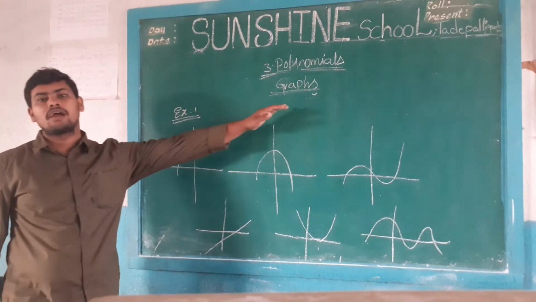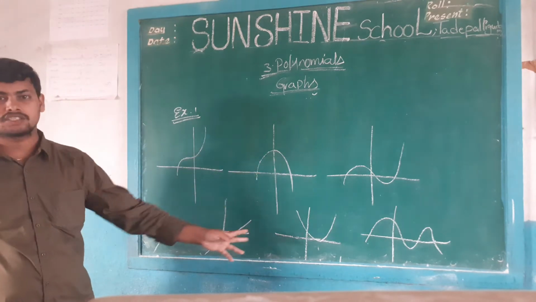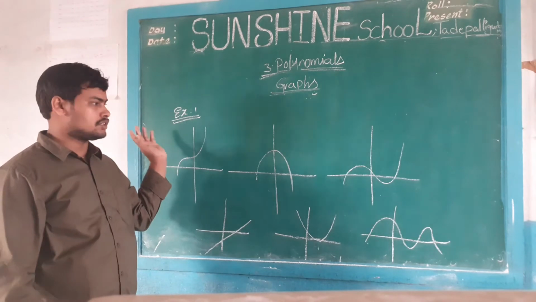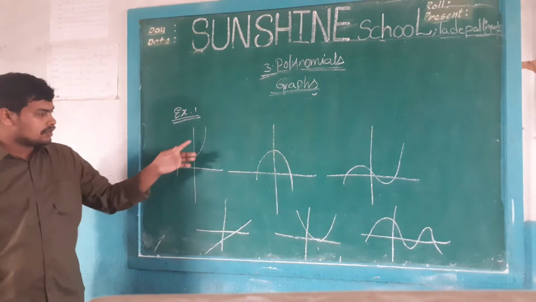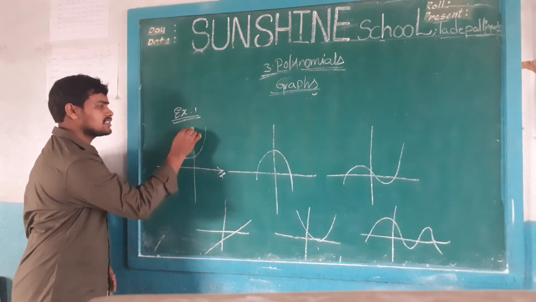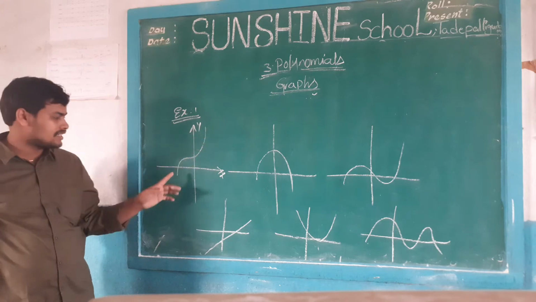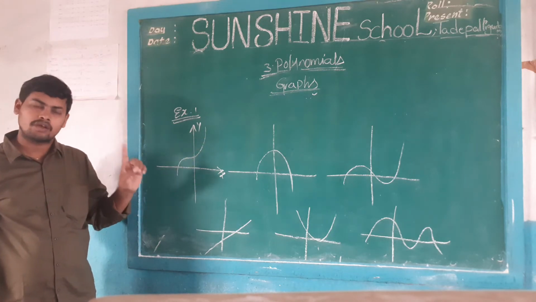First example in graphs. Here, this is the first example. There are 6 graphs. The question is how many zeros are there in each figure. This is the x-axis and this is the y-axis. Here this polynomial meets the x-axis at only 1 point. So the number of zeros is 1.